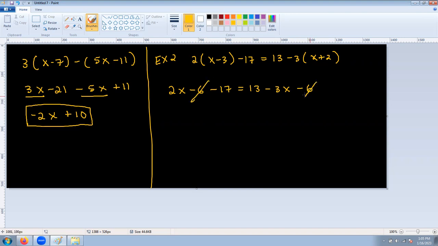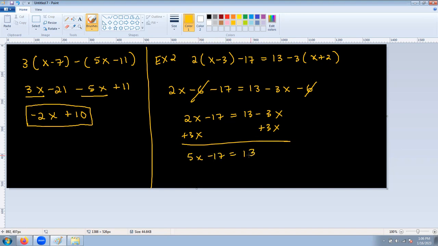The minus 6's go away. And 2x minus 17 is equal to 13 minus 3x. I can add the 3x over. We have 5x minus 17 is equal to 13.